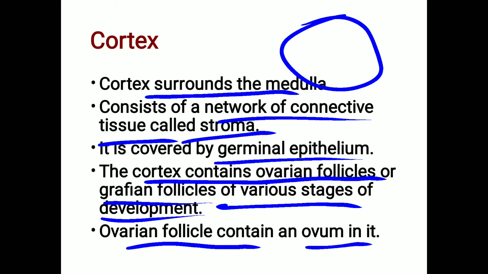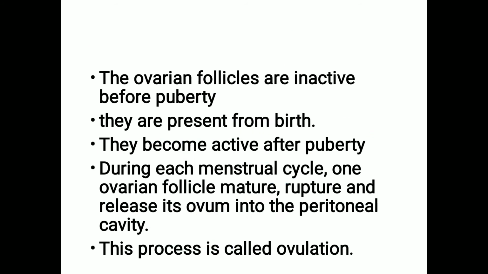It consists of a network of connective tissue called stroma, covered by a layer of germinal epithelium, and contains ovarian follicles of various stages of development, each containing an ovum.